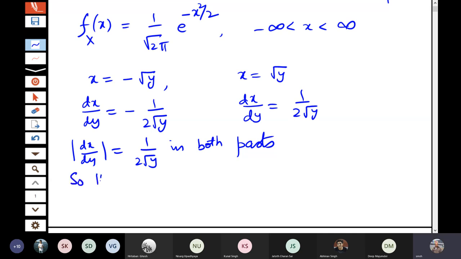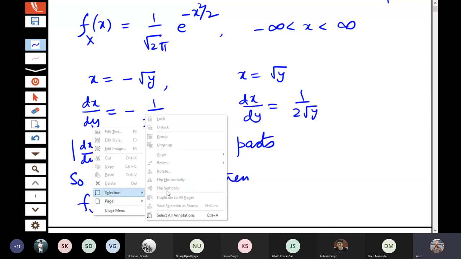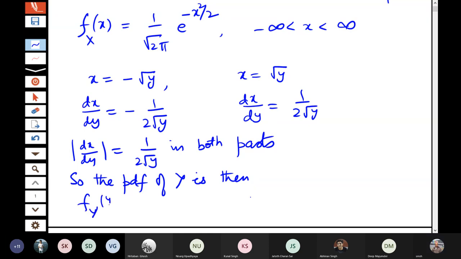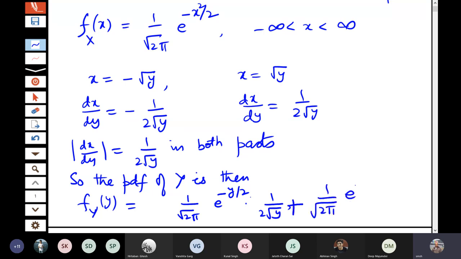So the PDF of Y, f_Y(y), is equal to, in the first region, 1 by root 2 pi e to the power minus y by 2, times 1 by 2 root y, plus 1 by root 2 pi e to the power minus y by 2, times 1 by 2 root y.